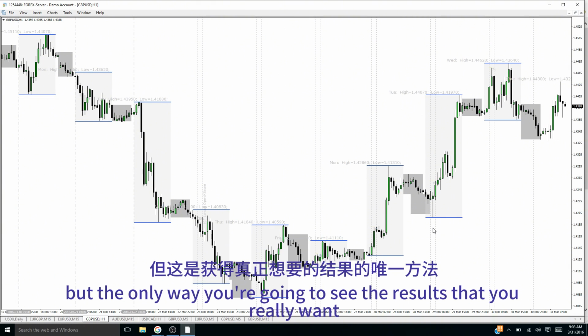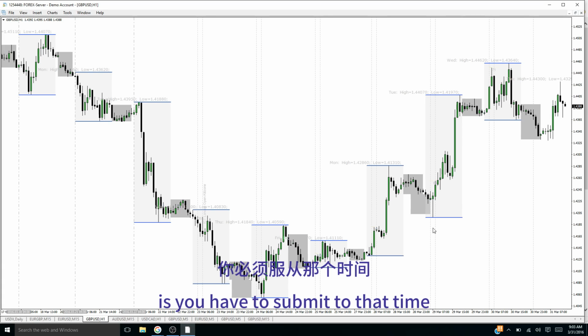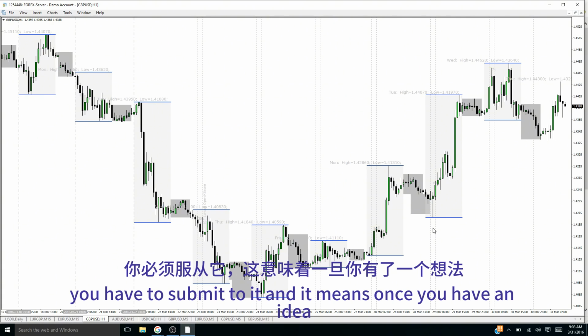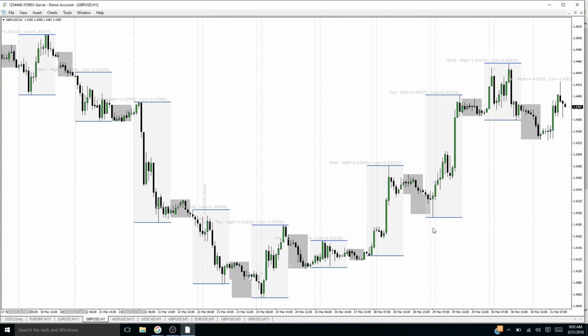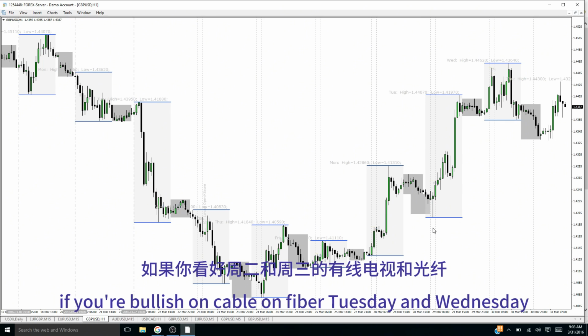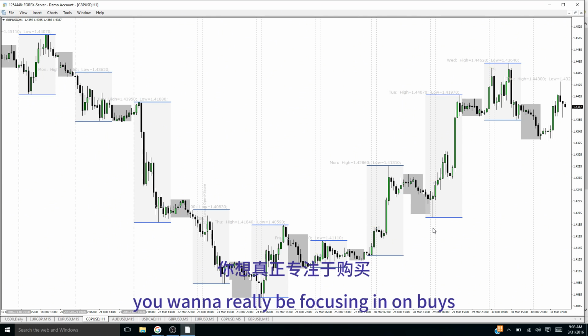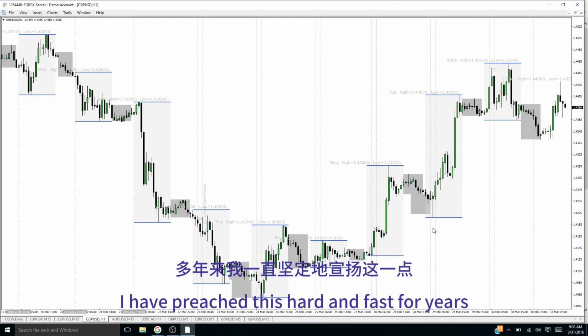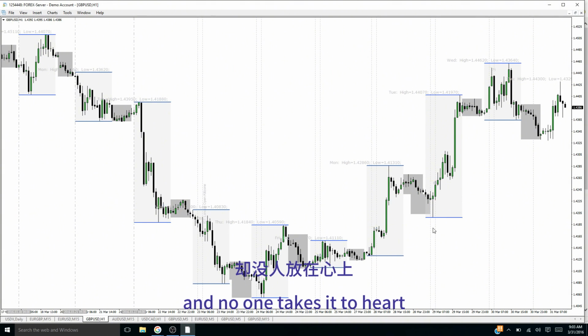Okay, I understand you're going to want to do that, and I went through all those types of things too. But the only way you're going to see the results that you really want is you have to submit to that time. You have to submit to it. And it means once you have an idea formulated based on a bearish dollar, if you're bullish on cable and fiber, Tuesday and Wednesday, you want to really be focusing in on buys. I have preached this hard and fast for years, and no one takes it to heart.